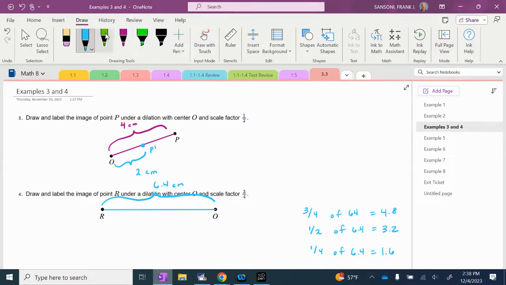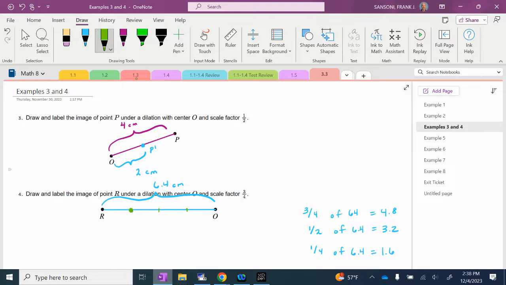So watch this. I'll just take this. This is in half. So that's 3.2. And I want to start with O. So let's go 3/4. See how I divide it nice and even into 4 sections? So there would be 1.6. There would be 3.2. I want 3/4.